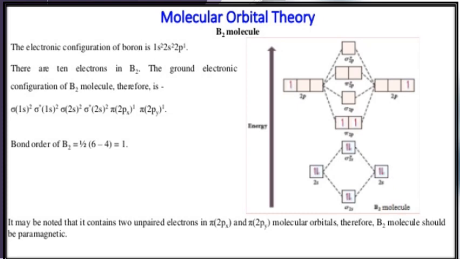The electrons present in the atomic orbitals of the atoms are placed in these bonding and anti-bonding molecular orbitals according to the rules, that is the Aufbau principle, Hund's rule and Pauli's exclusion principle. They all will be followed: the filling will occur according to the increase in the energy of the orbitals.